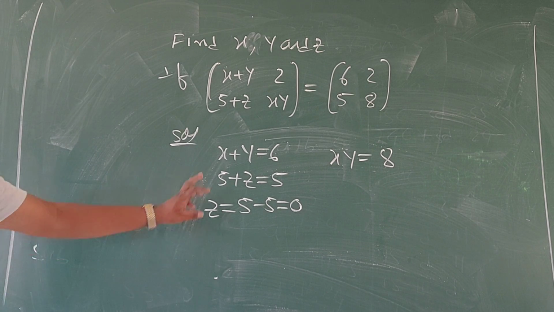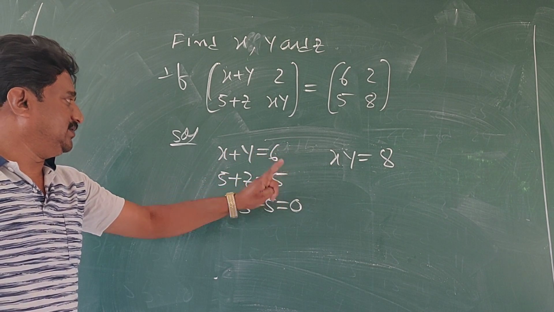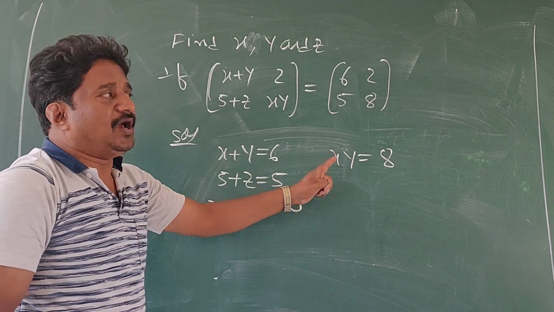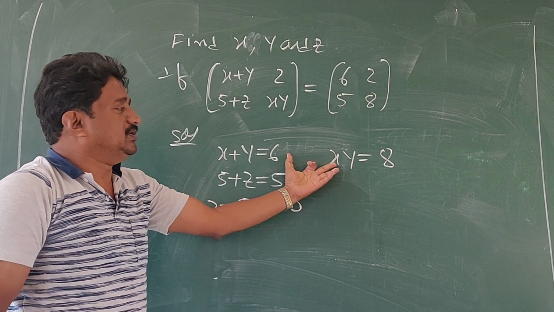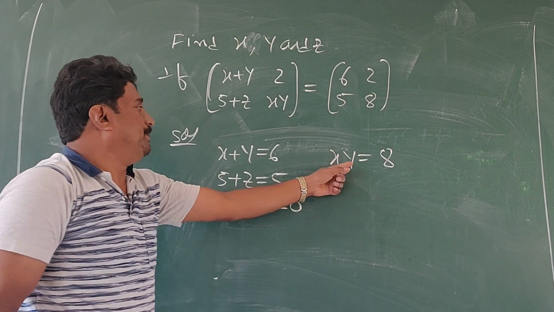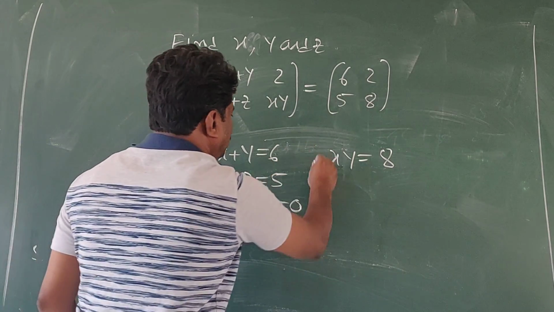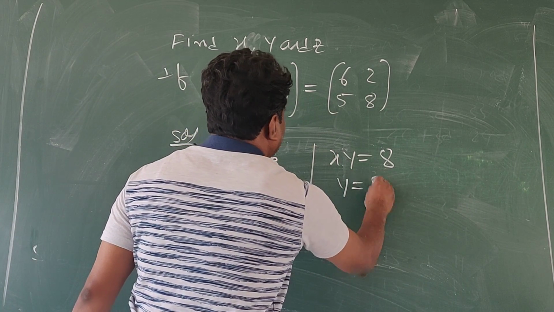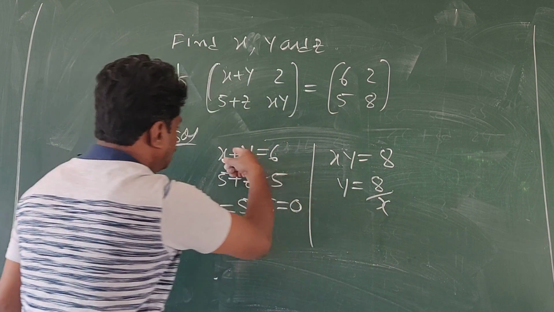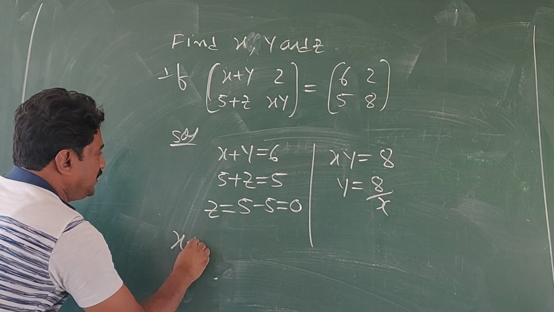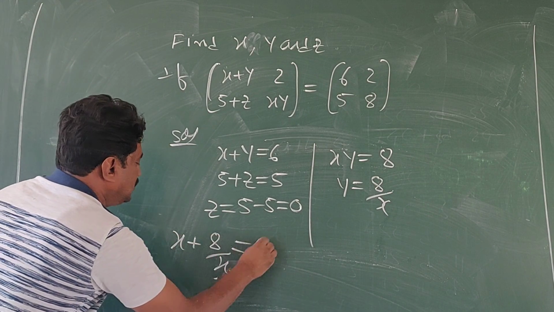Now let's find out x and y. To calculate x and y values, you should consider these two. From this, y is equal to 8 by x. Substitute in this: x plus 8 by x is equal to 6.